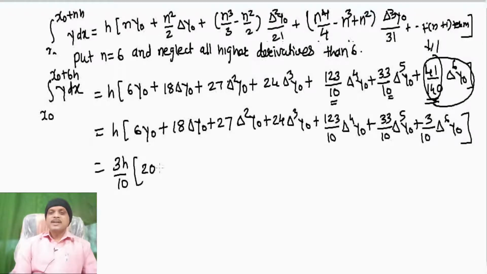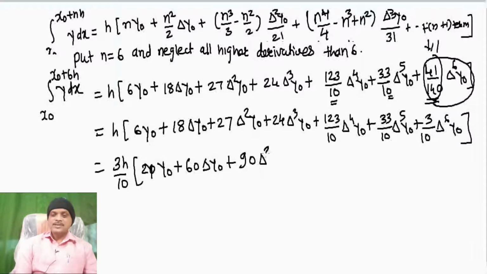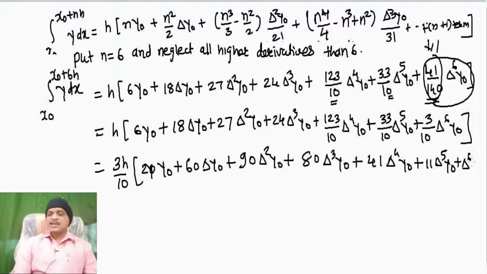Then we get 20 into y0 plus 60 into delta y0 plus 90 into delta square y0 plus 80 into delta cube y0 plus 41 into delta raised to 4 y0 plus 11 into delta raised to 5 y0 plus delta raised to 6 y0.